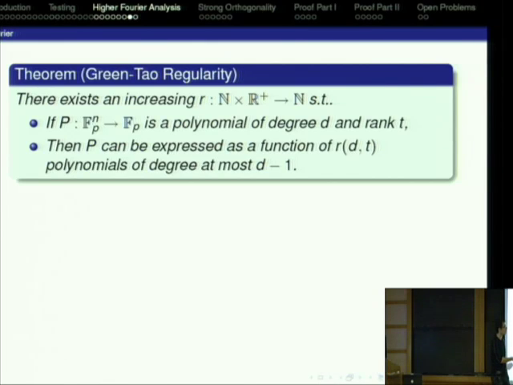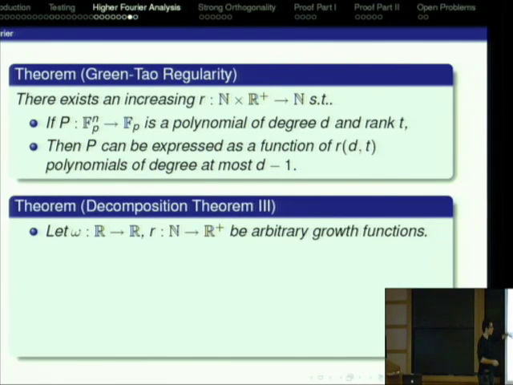So you can write it as a function of a constant number of polynomials of lower degree. So if your polynomial has a bad average, if the average is large, you can decompose it into polynomials of lower degree.